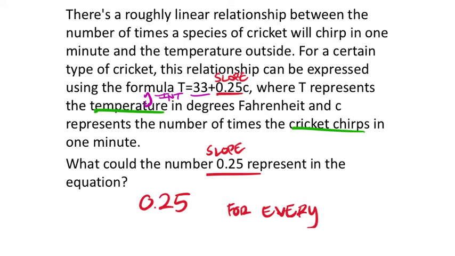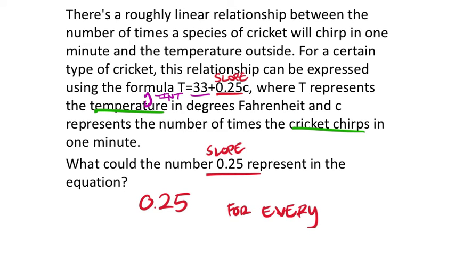Doesn't really matter how you word that, but it looks like it'll be degrees. The way they have this set up, the temperature is dependent on the number of chirps.